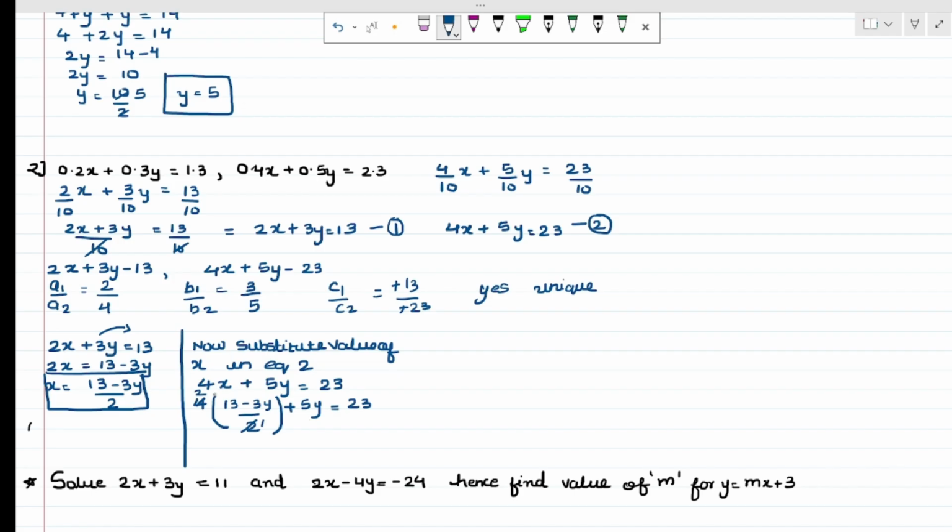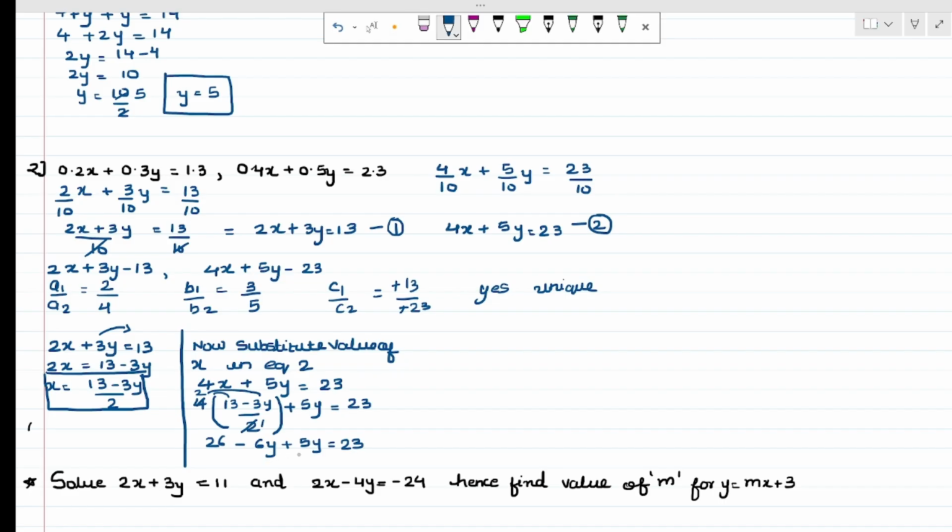Now, 2 is getting multiplied by 13 as well as 2 is getting multiplied by 3. 2 13s are 26 minus 2 3s are 6y plus 5y equals 23. Now, keep your like terms with each other.